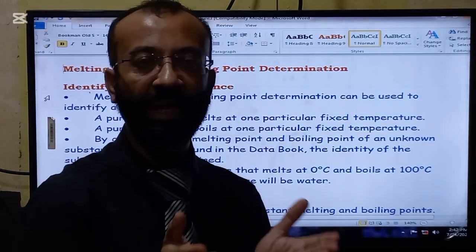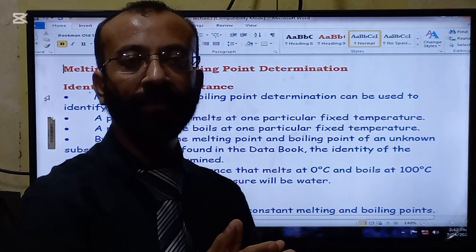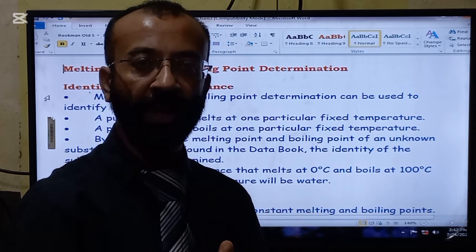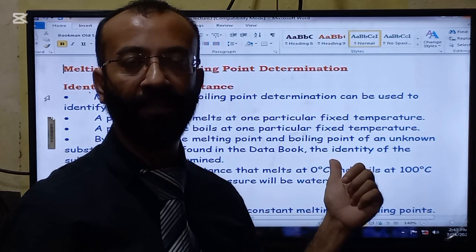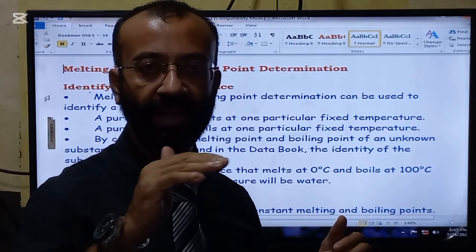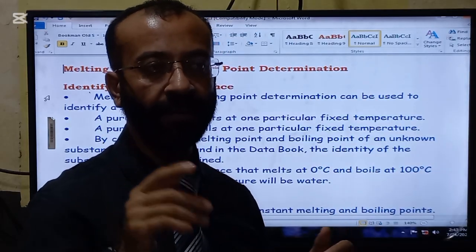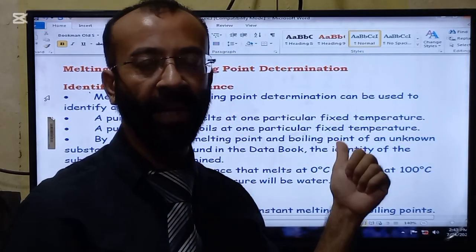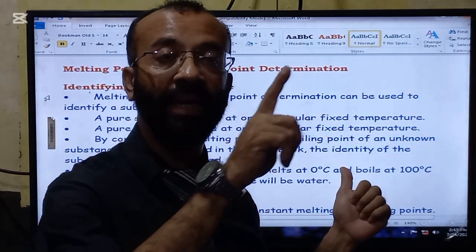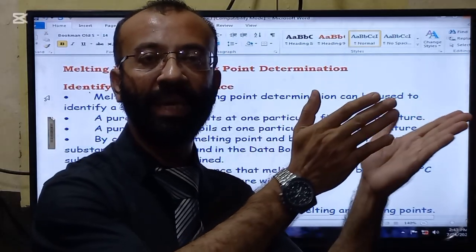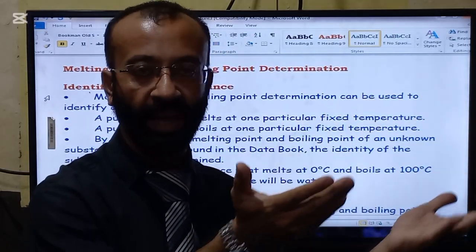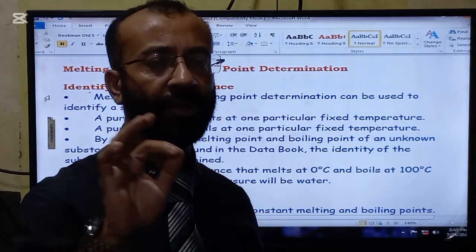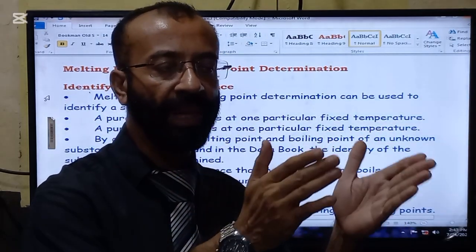Whenever we are given a substance to check which substance this is, and whether it is pure or impure, through this method we will determine its melting point and boiling point, and then we will compare the values of the melting and boiling point of our sample with those given in the data book, which will be given to us in the laboratory, in which the melting and boiling point of many more substances will be written.